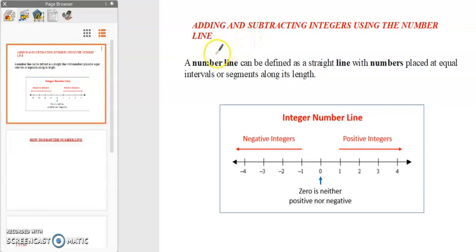A lot of students have difficulties when it comes to adding or subtracting numbers, especially negative and positive numbers. Most of them are comfortable with something like 5 minus 2, which gives you 3.